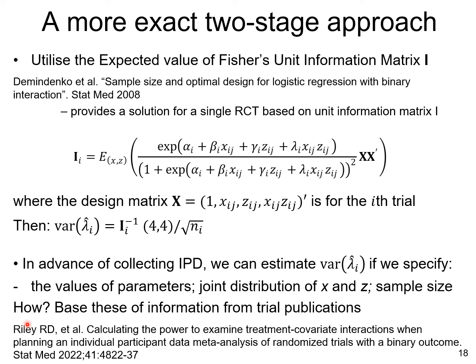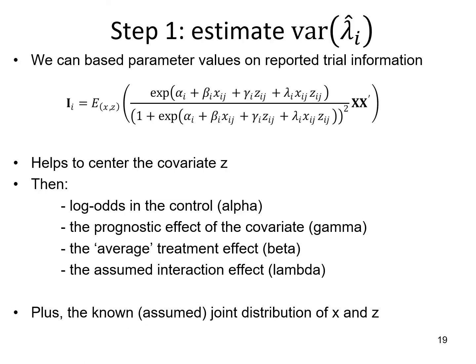How can we do that? Well, again, we're going to base that information on routinely available information from trial publications. If we centre our covariate z, this really helps us to think about the interpretation of these other parameters. So alpha then becomes approximately the log odds of the outcome event in the control group.